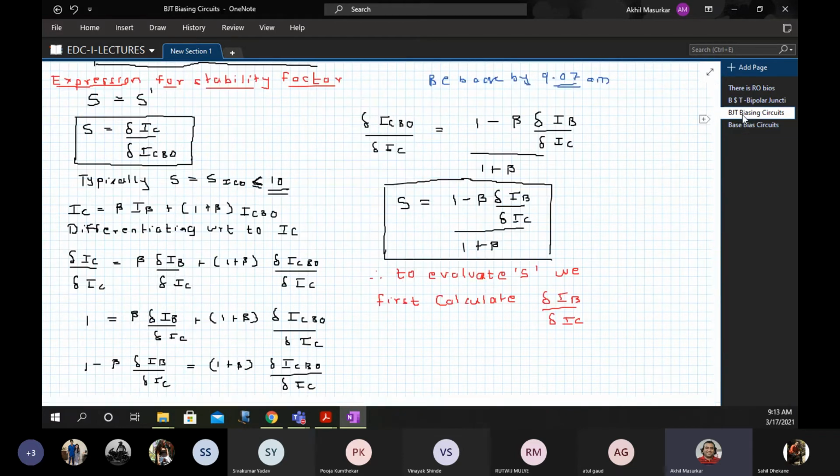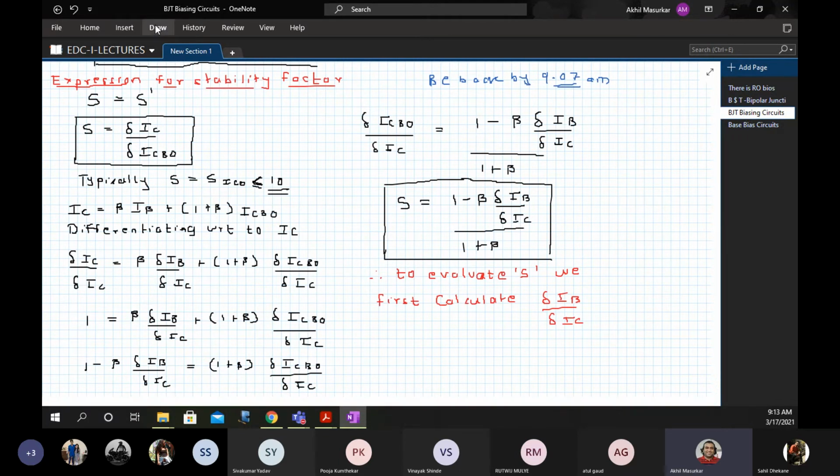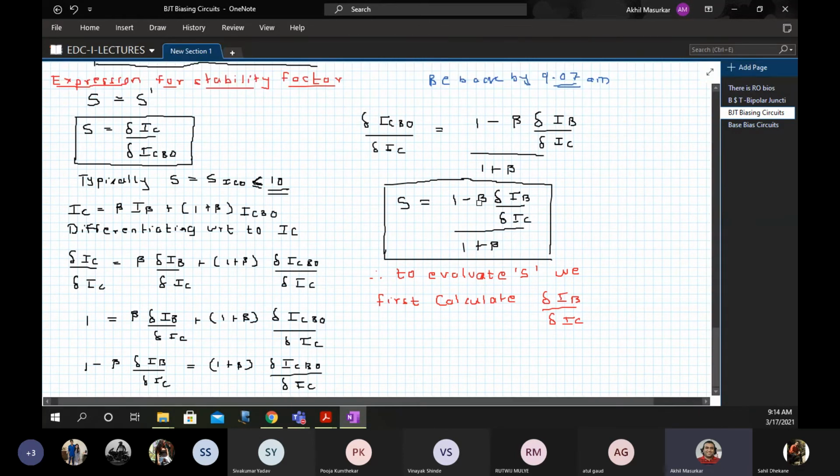So this is what we have actually designed. Oh, there is a very small mistake that I have done. Let me correct it. When I cross multiplied this, I did a small mistake here.